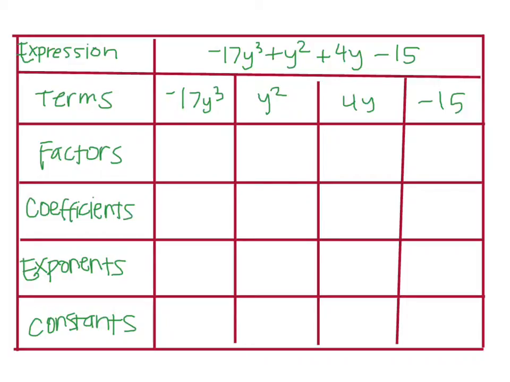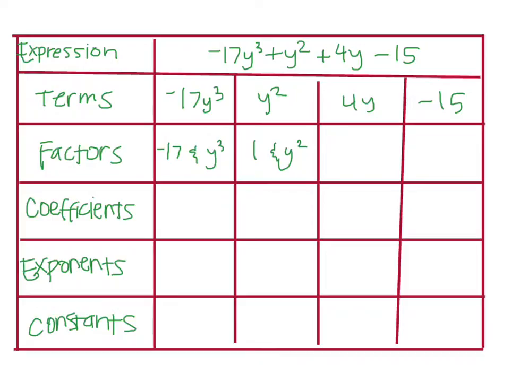Now looking at this first box, negative 17y cubed, I want to list the factors of everything up in here. So my factors of negative 17y cubed are negative 17 and y cubed. My factors of y squared are 1 and y squared.